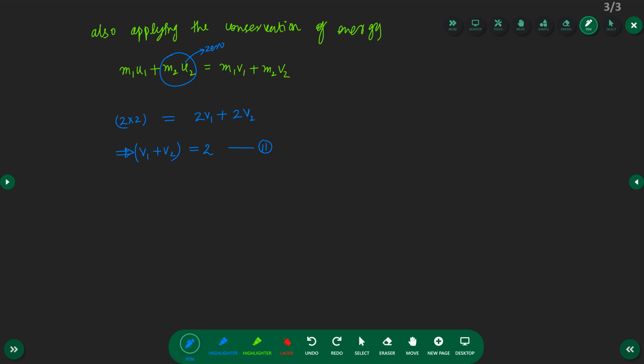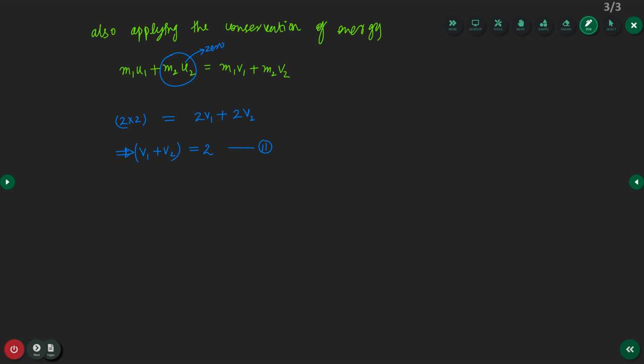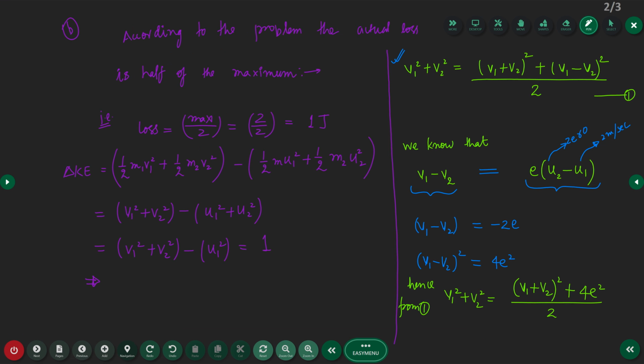Let us consider this is equation number 2. So we will substitute the value from 1 and 2. Here you can see v1 plus v2 we have got 2, right? So v1 square plus v2 square can be written as 4 plus 4e square divided by 2.